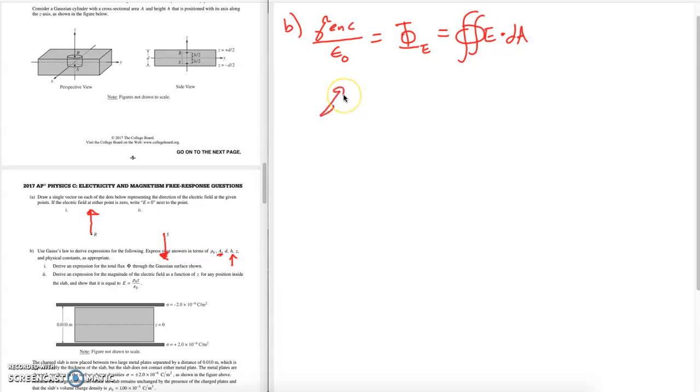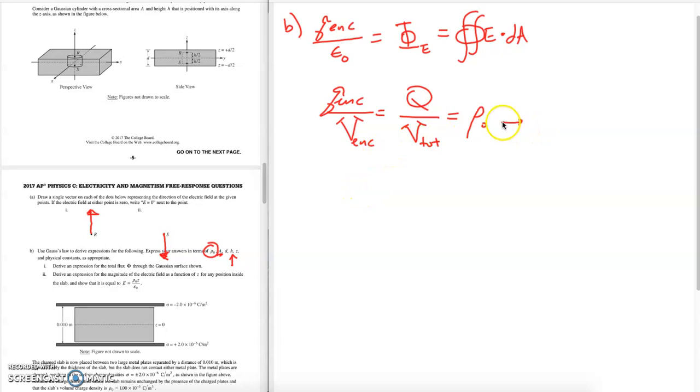So Q enclosed over V enclosed equals total Q over total volume. Now, they didn't tell us the total charge over the total volume. What they told us was this guy, rho naught.